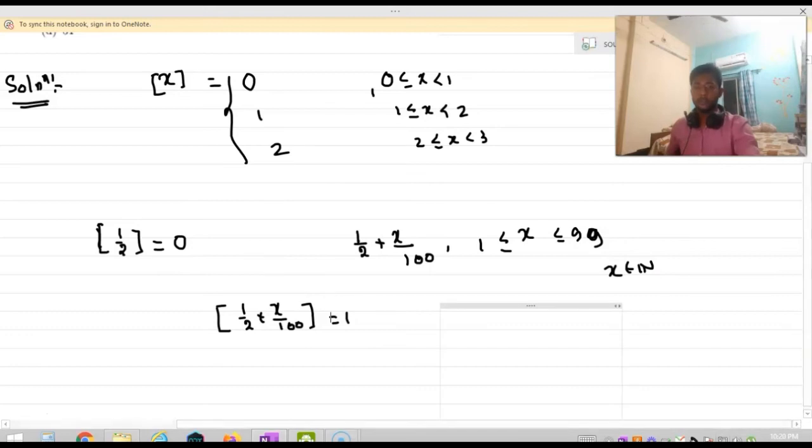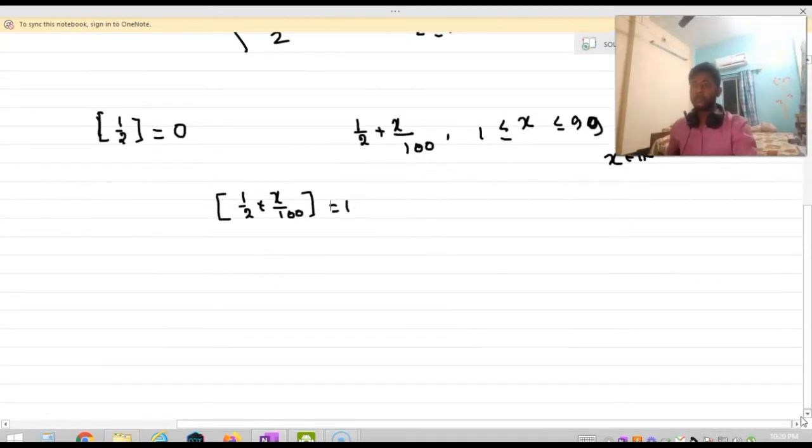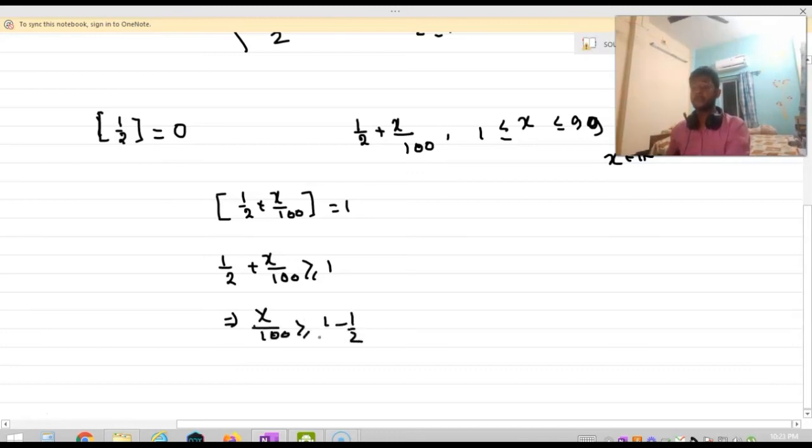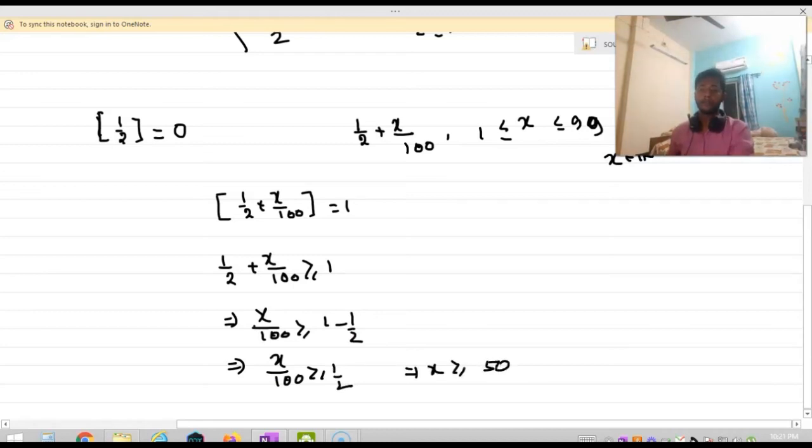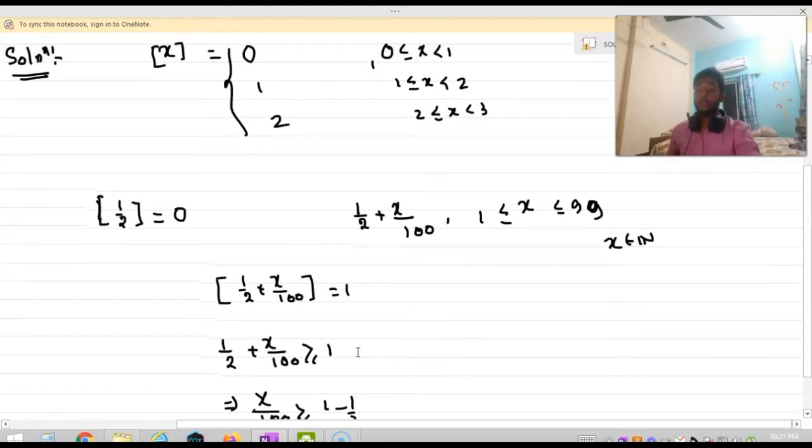Box of half plus x by 100 will be 1 if half plus x by 100 is greater than or equal to 1. So x by 100 is greater than or equal to 1 minus half, that is half. So it implies x is greater than or equal to 50. So box of half plus x by 100 is 1 whenever x is greater than or equal to 50.